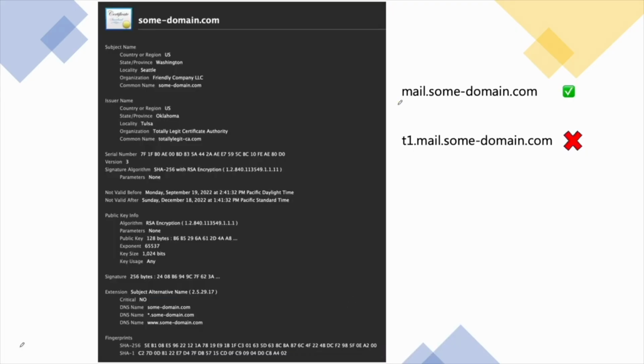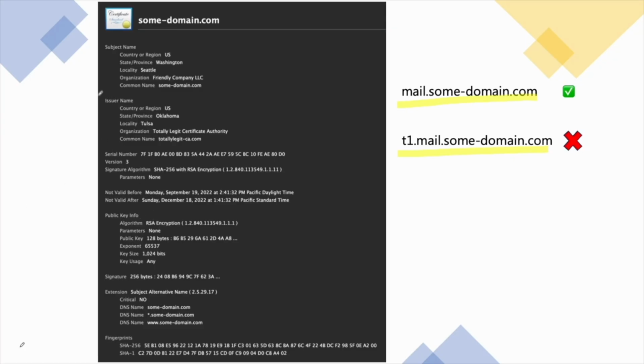It is important to understand that a wildcard certificate only covers one level of subdomain. For example, it can cover mail.some-domain.com, but it does not cover t1.mail.some-domain.com because that is one level deeper than the wildcard allows.